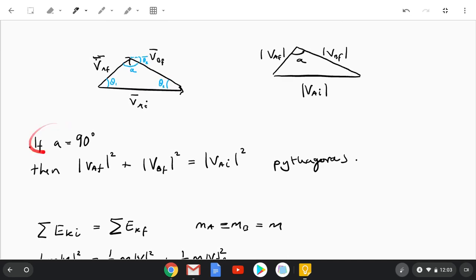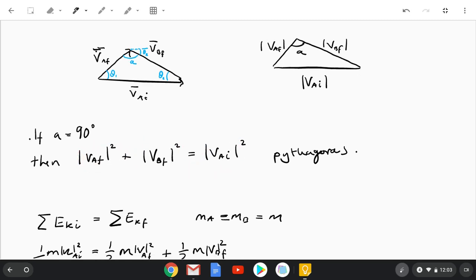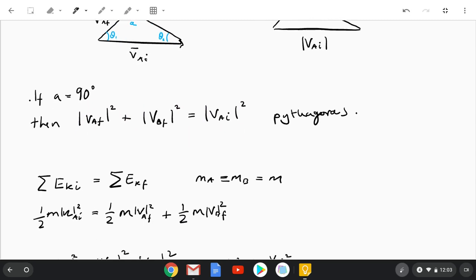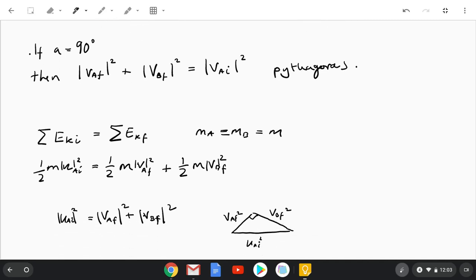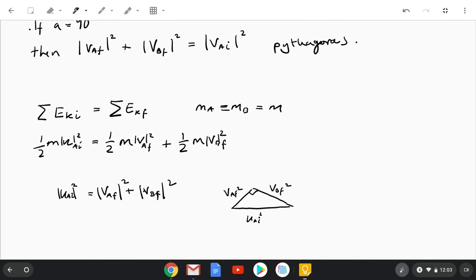And what we said was, if the angle is equal to 90, then what we have is that the square of the velocities afterwards should equal the square of the velocity before. And we have just shown that.